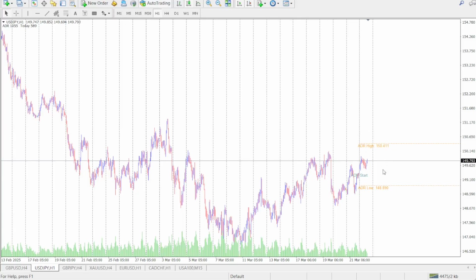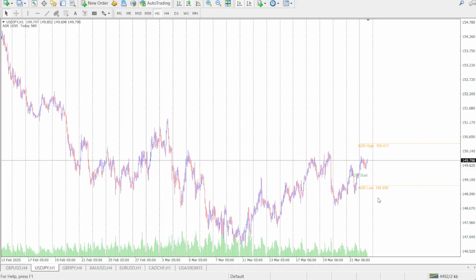Breakout opportunities are presented when price moves beyond the ADR limits, and it shows you support and resistance levels for precise trade setups. These are some of the things that make the ADR indicator important.